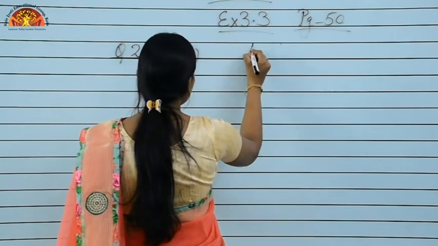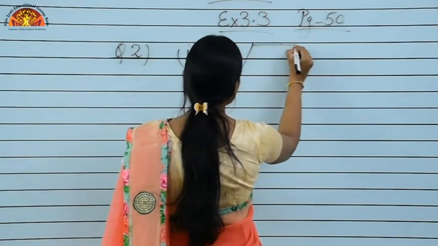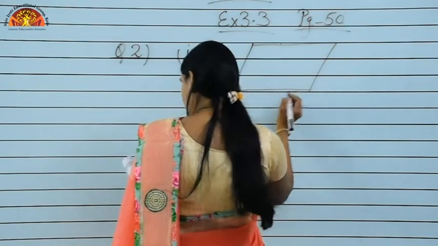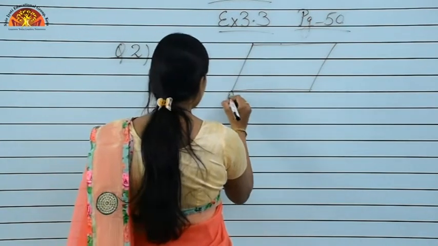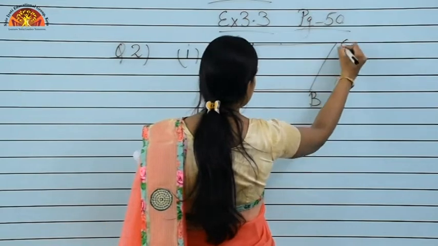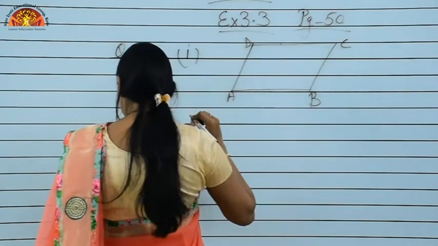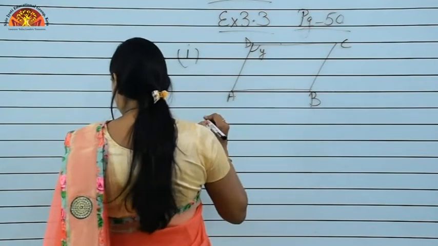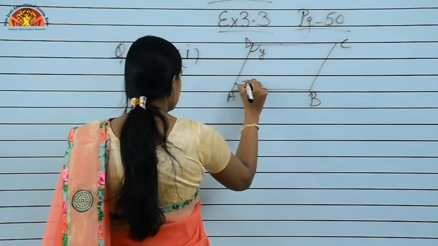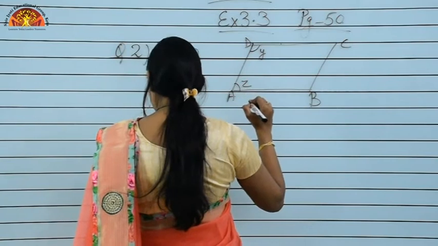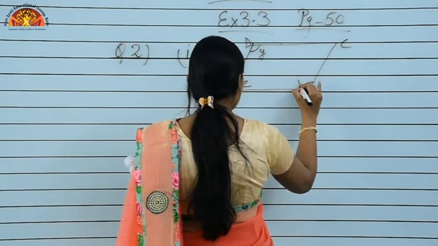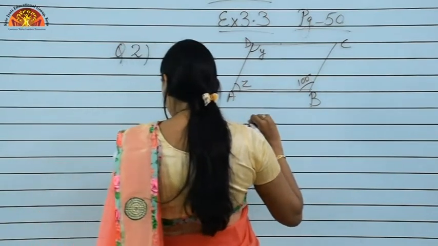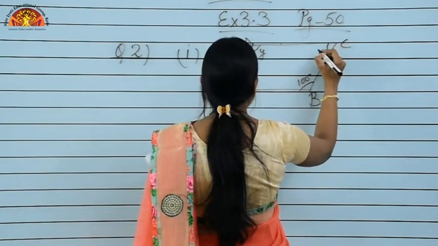First of all, we will construct a parallelogram. So this is a parallelogram. Label it as ABCD, A, B, C and D. Y is unknown over here. This is Z. This is 100 degrees. And you have to find the values of X, Y and Z.